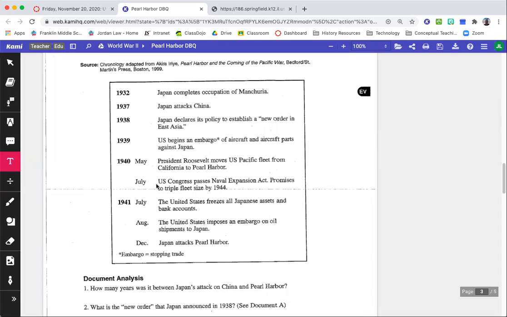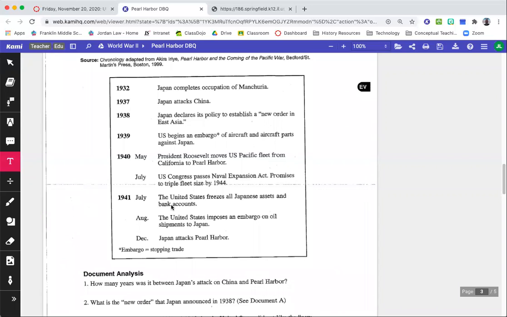In July, Congress passes the Naval Expansion Act, which triples the size of the American Navy by 1944. In July of 1941, the U.S. freezes all Japanese assets and bank accounts, meaning any money that Japan has in American banks, they cannot access. Any property that Japan has in the United States, they can't sell. So they are losing out on quite a bit of money here.